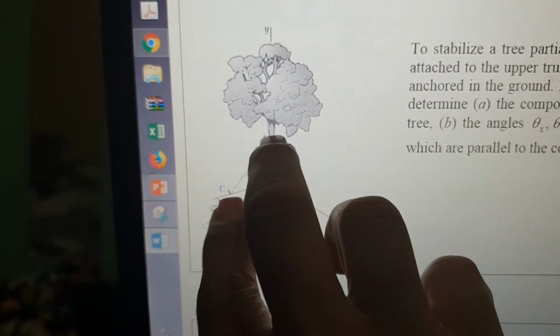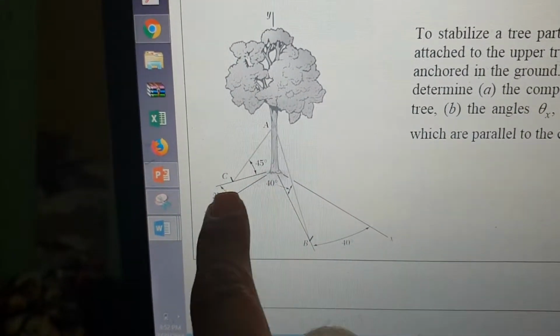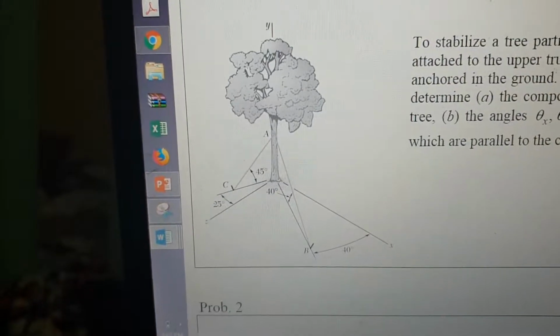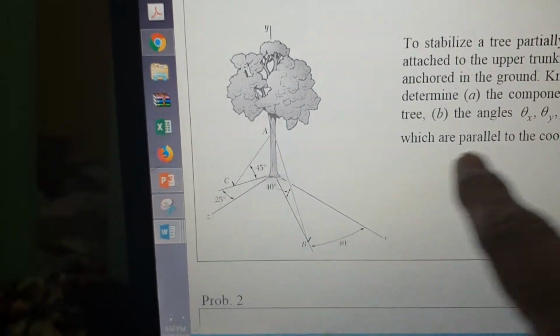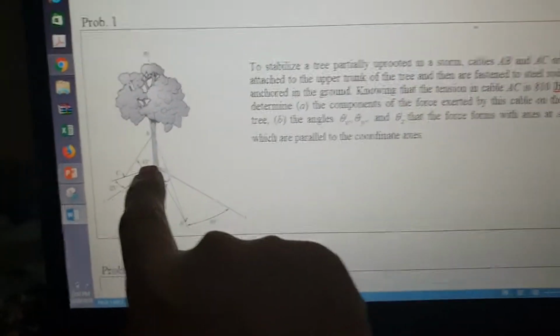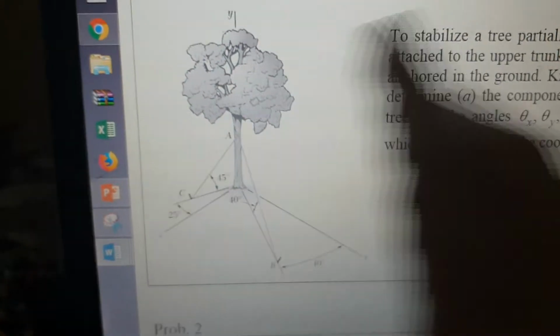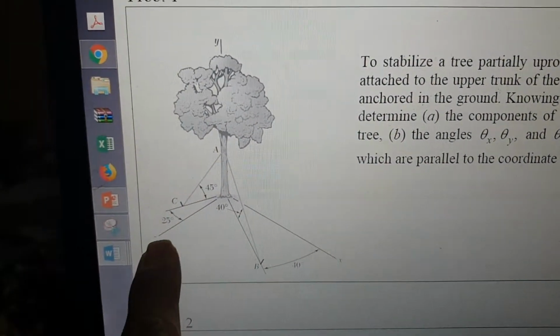If you make this cable cosine 45, it's going to be in the xz plane. You know that AC is 810, so the force of AC is 810 cosine 45 in the xz plane.